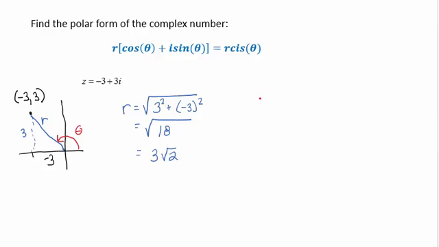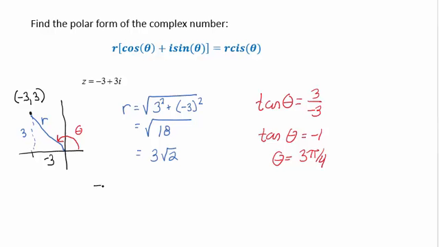Our argument theta can be found by looking at the tangent of theta, which would be the opposite side 3 over negative 3, which gives tangent of theta is negative 1. In the second quadrant, we identify this happens when theta is 3 pi over 4.